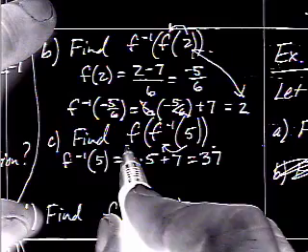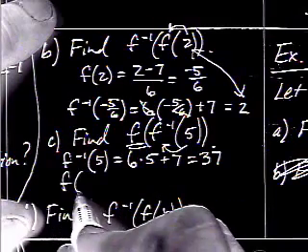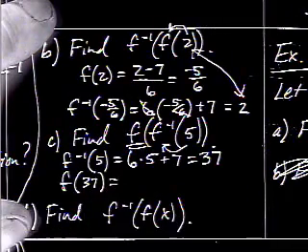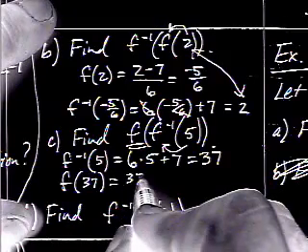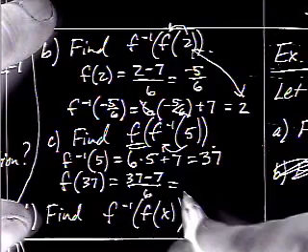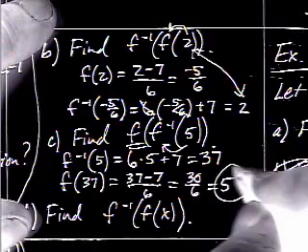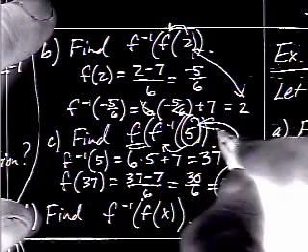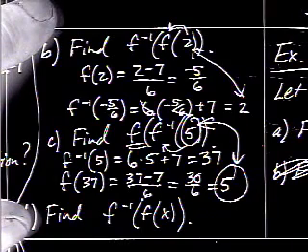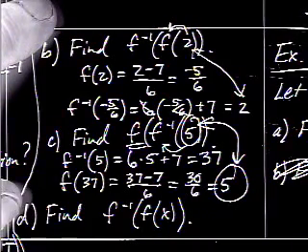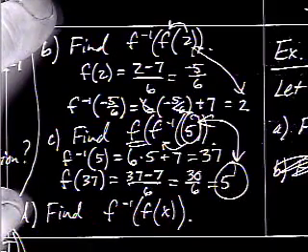So now I'm going to take that value and plug it into the f function. F of 37. 37 minus 7 over 6 is 30 over 6, which is 5. Oh, look. I got the same value that I started with. That must mean, or showing me, that they're inverses of each other.